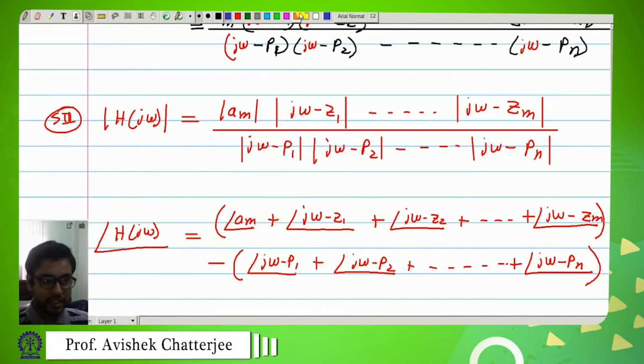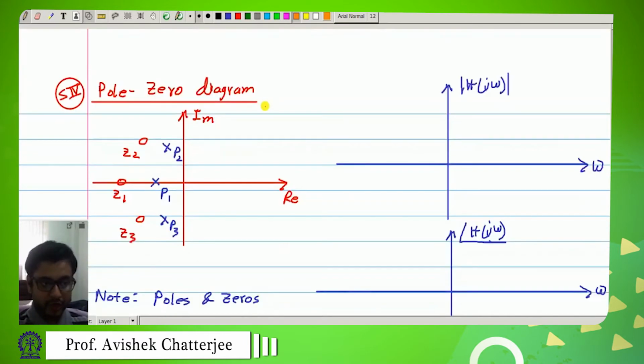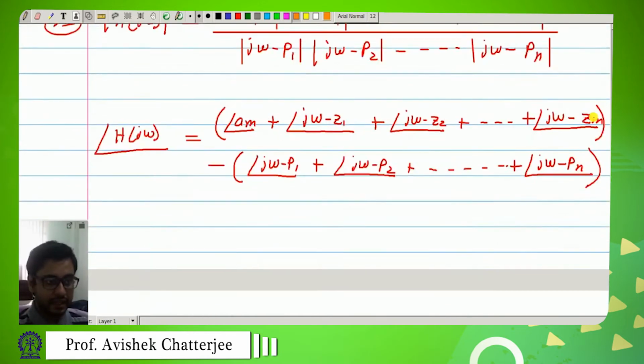Let us first consider the magnitude. The magnitude is the product of all these terms, where this AM is like a constant, it does not depend on omega at all, so you may plot it like a constant. So this is AM, mod of AM.